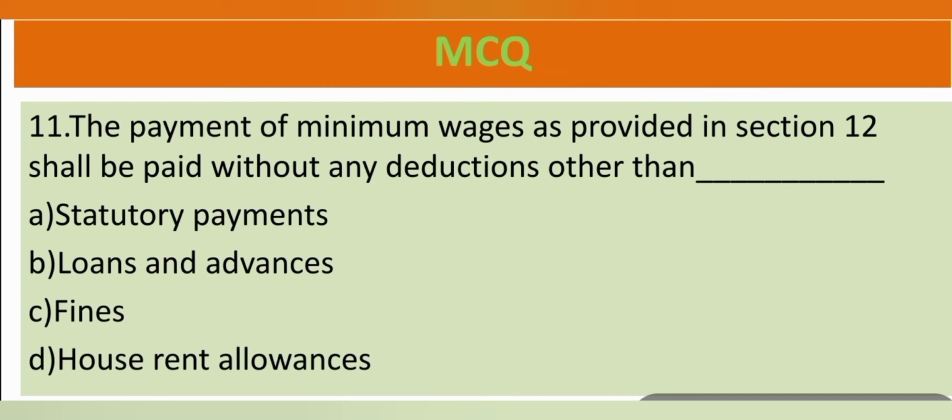Under section 12, if there is any deduction, or in any case the employer pays less than the minimum wages mentioned, then it shall be called an offense and it will be treated as illegal. So in this case, the correct option is option A, statutory payments. Only statutory payments can be deducted; nothing else can be deducted from the minimum wages.